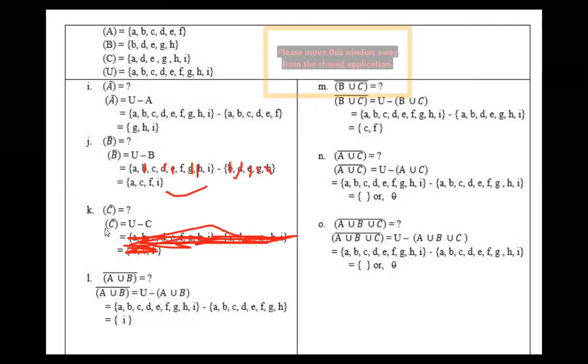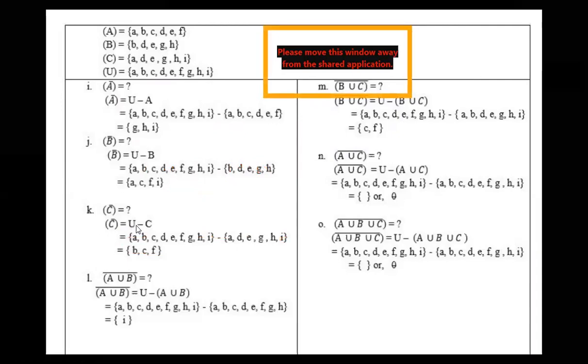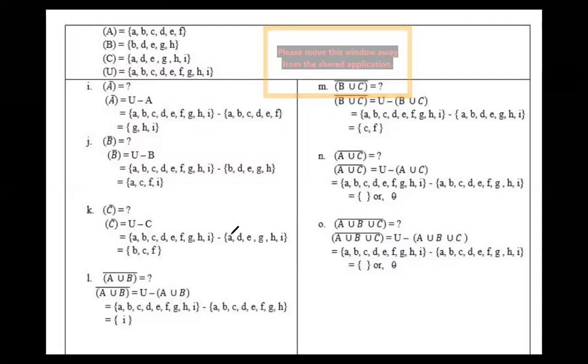So tell me, what is the answer of C complement? C complement means, what you have to do? Universal set: A, B, C, D, E, F, G, H, I minus what is there in C? C means A, D, E, G, H, I. Then again, let me remind you: minus sign means you need to subtract them.